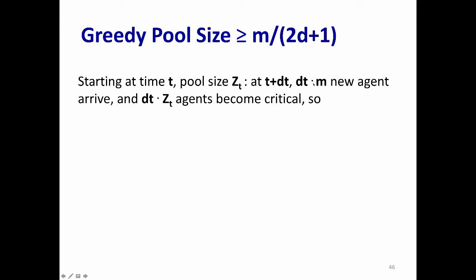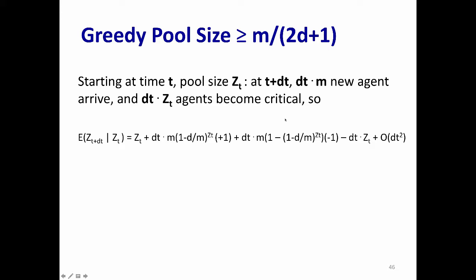So let's write down this differential equation in the following way. It looks a bit scary, but it's actually very, very simple. I start with the pool size zt, this first term here, and I want to calculate what is z at t plus dt. Then I have these terms here that are very simple if you look at them carefully. The first term is the rate by which agents come to the market, which is m dt.